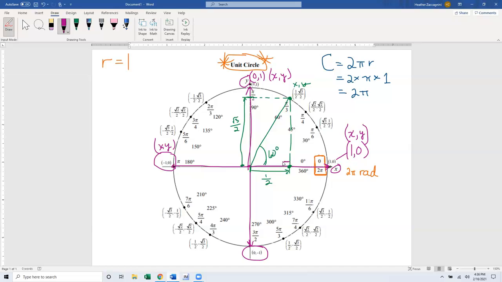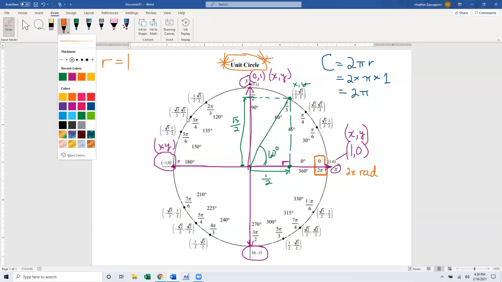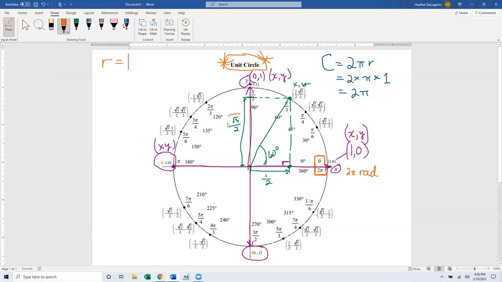So I could put a little right triangle there. And now I see that I have these side lengths. Let me circle those in a different color so we don't lose them. My y side length for my triangle is the square root of 3 over 2. That would be this side here, right? My x side length is 1/2.